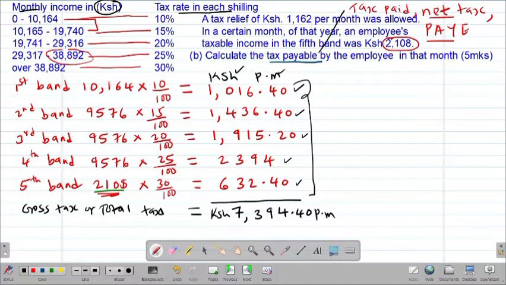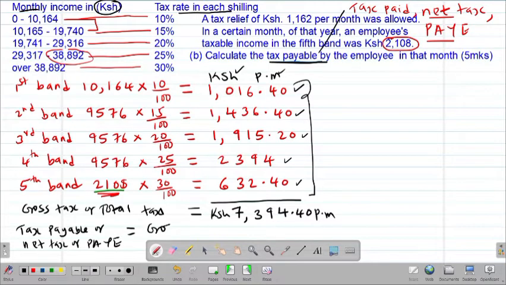But the question wants the tax payable, which is simply the PAYE or the net tax. So for us to get the PAYE, we simply need to have the gross tax, then we less the total relief. So we know that the tax payable, also called the net tax, or simply put, the PAYE, whenever it is expressed per month, will be given by the gross tax or the total tax minus the total relief.